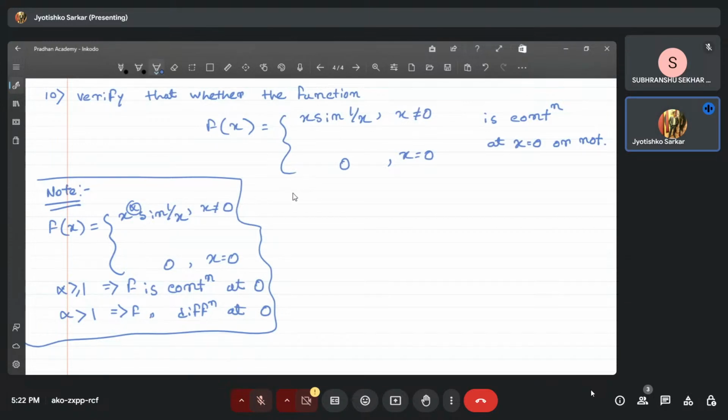Okay. So it is clear that the function is defined at 0, f0 is 0. Now we just have to show that LHL is equals to RHL is equals to f0, right? So our LHL, left hand limit, is equals to limit x tends to 0 minus x sine 1 by x.